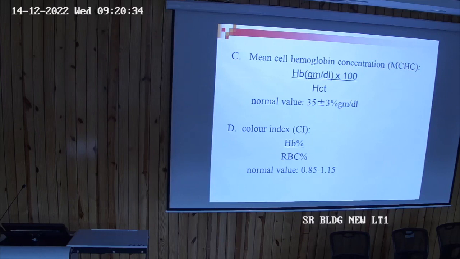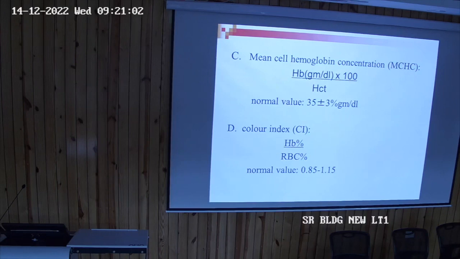Ideally, in some hemoglobinometer tubes, 16 gram percent is equivalent to 100%. 5 million cells per cubic millimeter is considered 100%. So if the person has 16 hemoglobin per deciliter and an RBC count of 5 million, the value will come to 1.